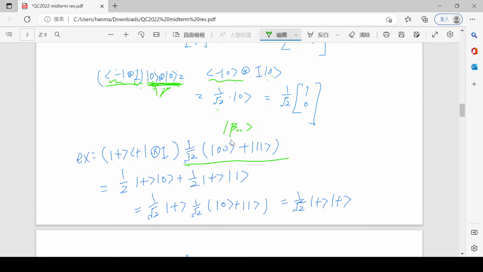And let's say you want to measure its first qubit in sigma x, right? Sigma x, if you think about its measurement operator, is the projector onto plus and the projector onto minus.